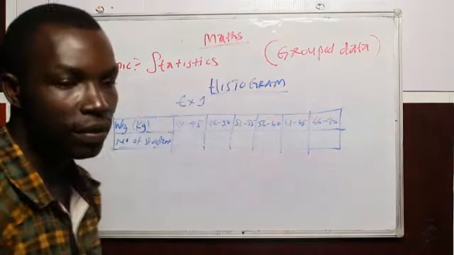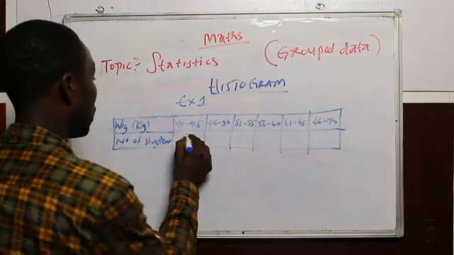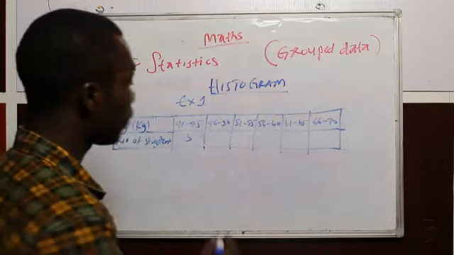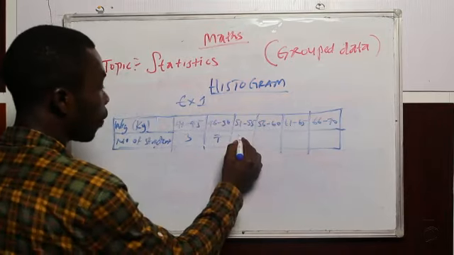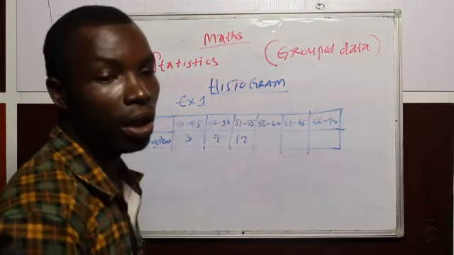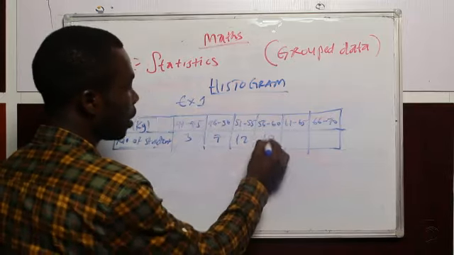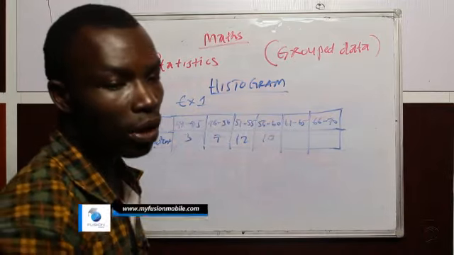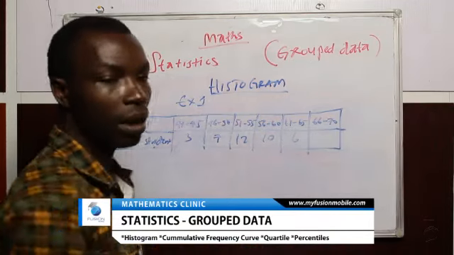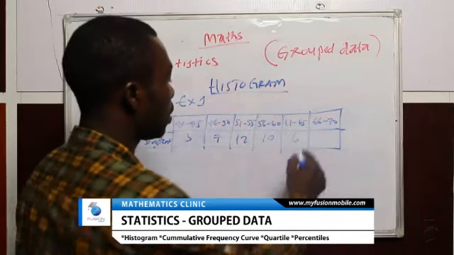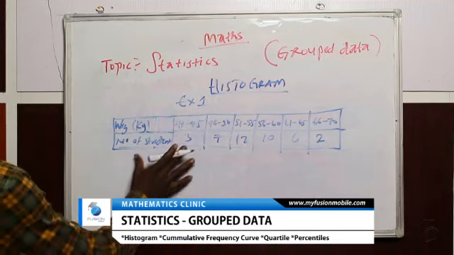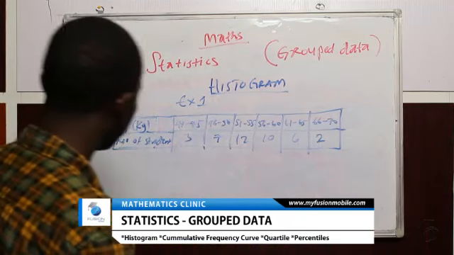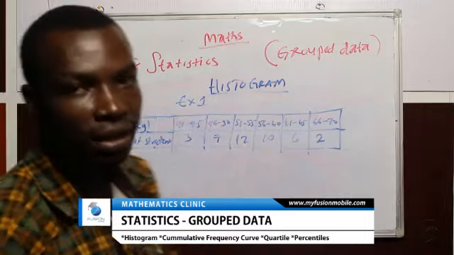For 41 to 45, we have 3. Then 46 to 50, 7. Then 51 to 55, 12. 56 to 60, 10. 61 to 65, 6. While 66 to 70 is 2. Now, this is the table that shows numbers of students with different weights.